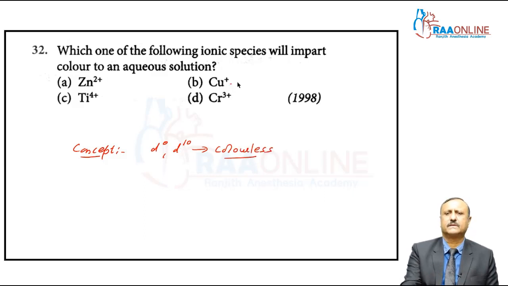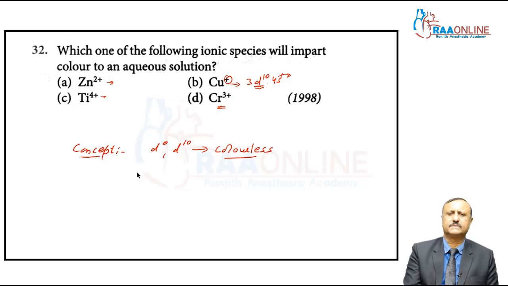If you see this example, Cu+, you get 3d10, because only one electron is removed, and this electron is removed from 4s1. So you get 3d10, and it forms a colorless solution. In this way zinc forms colorless, and titanium plus 4.